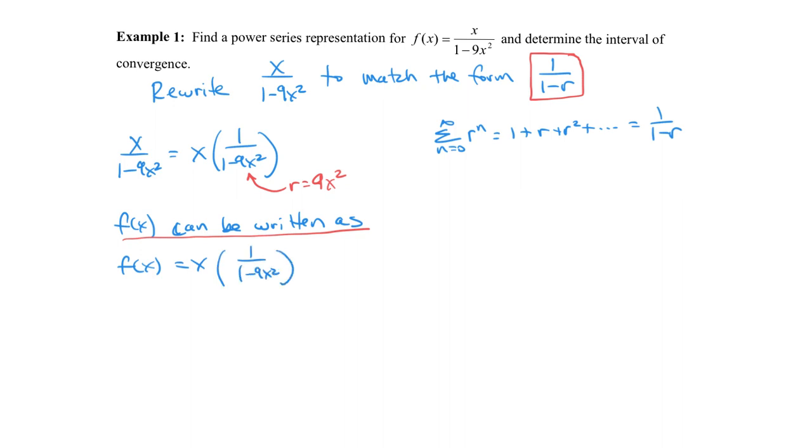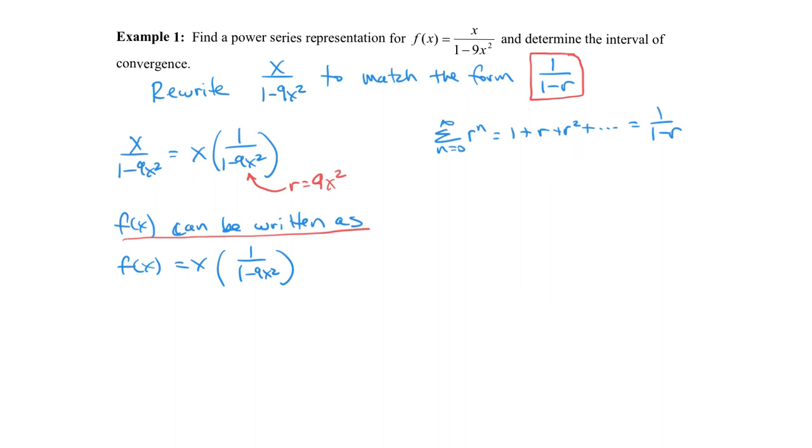And now I'm going to use this right here. Okay, I've got this form here. So this is r. I could expand this because this is set up this way. This is r, so I'm going to have 1 plus r.